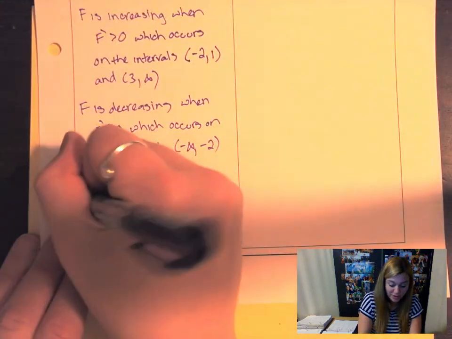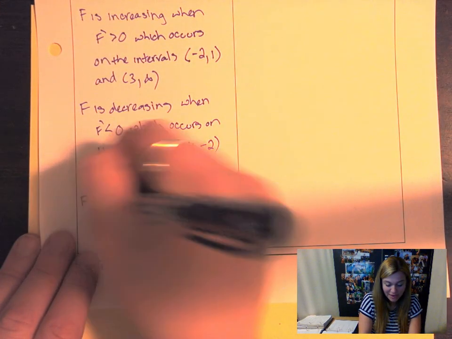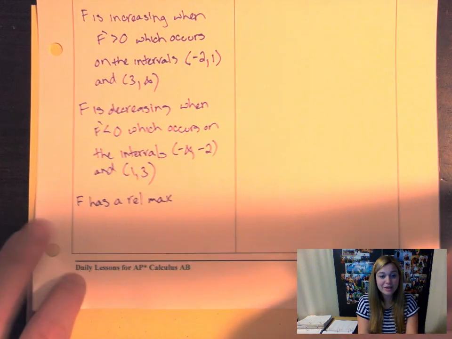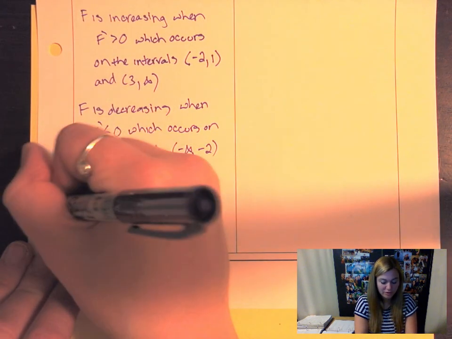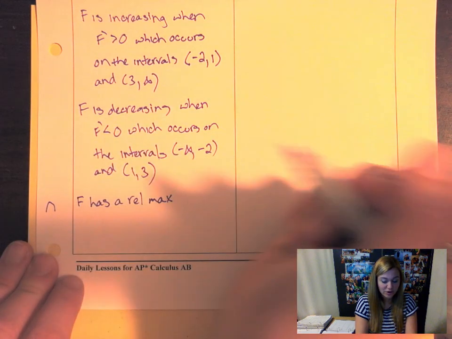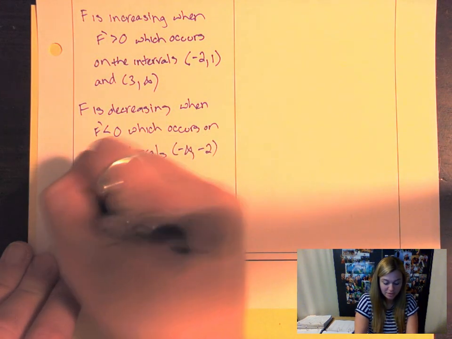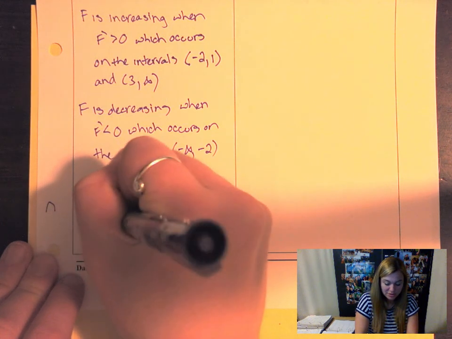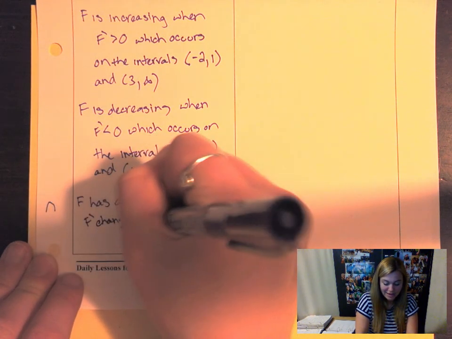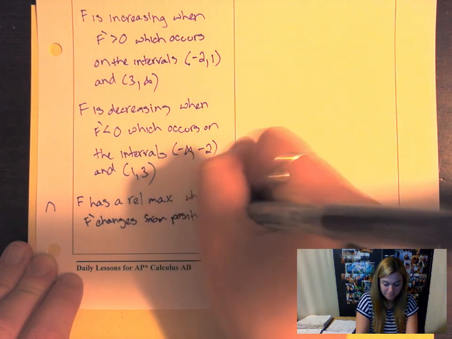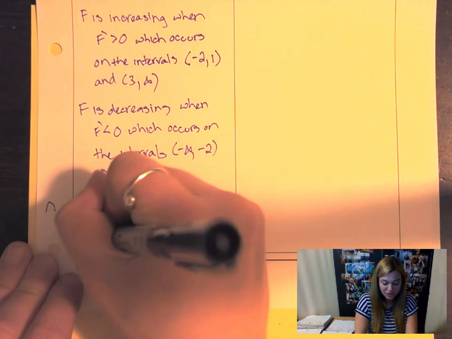I can say when f has relative extrema, so f has a relative max. Think about it, f of x has a relative max when I'm going from increasing to decreasing on the graph of f, which means when f prime changes from positive to negative, you can't just say changes signs.